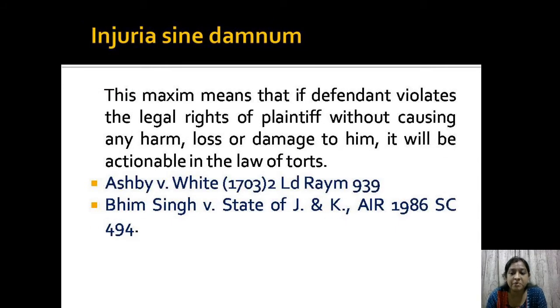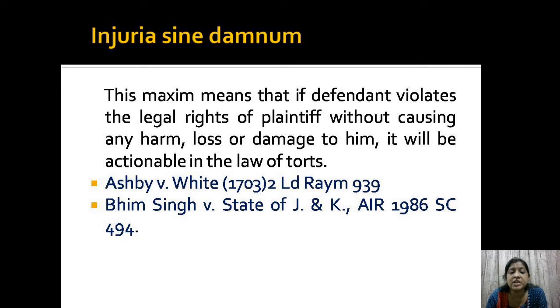The next maxim is Injuria sine Damnum, which means injuries without damages. If the defendant violates the legal right of the plaintiff, however, because of that violation, no damages has been suffered by the plaintiff, then also the plaintiff has a right to file a suit in the court and get the remedy.